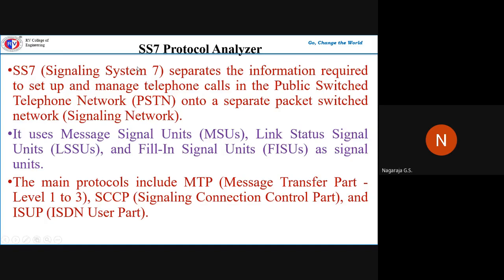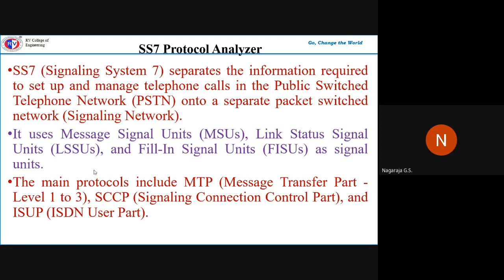I think we've already understood what SS7 is. It's a signaling system. SS7 separates the information required to set up and manage telephone calls in the public switched telephone network onto a separate packet switched network. It uses message signal units (MSUs), link status signal units (LSSUs), and fill-in signal units (FISUs) as signal units.